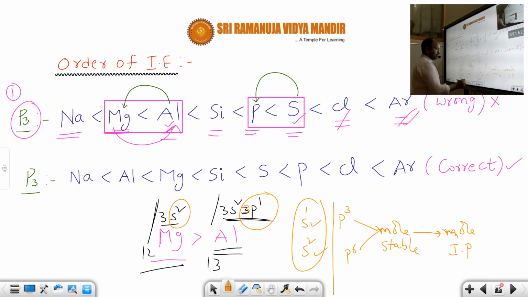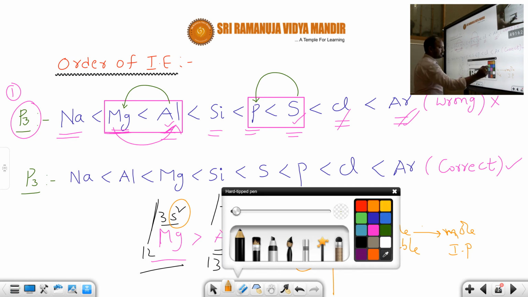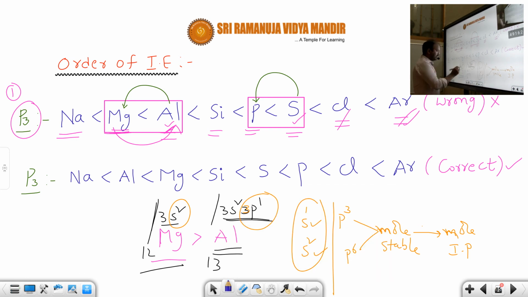So now you have to observe here. Magnesium 3s2, s contains how many electrons? 2 electrons. Aluminum 3p1 contains neither p3 nor p4, so p contains 1 electron. Whenever p contains p1, p2, p4, p5, that is an unstable structure.